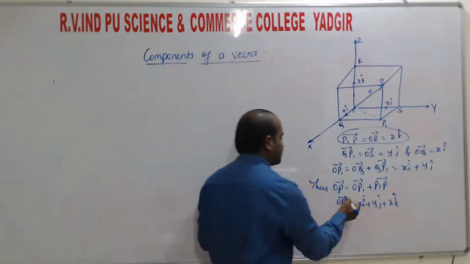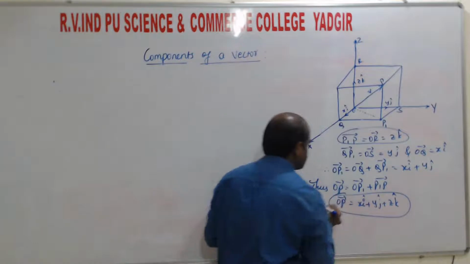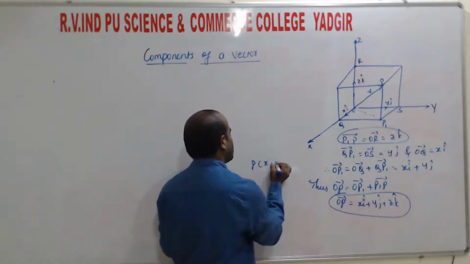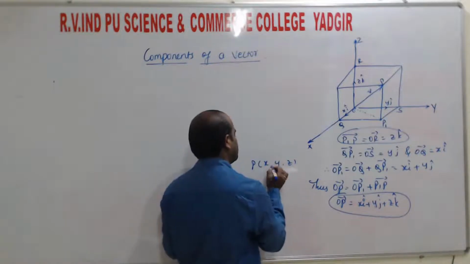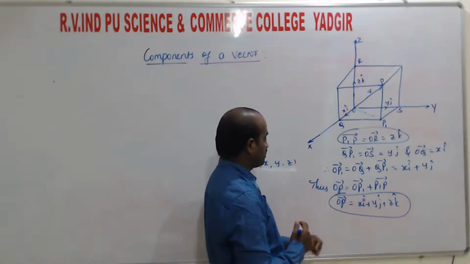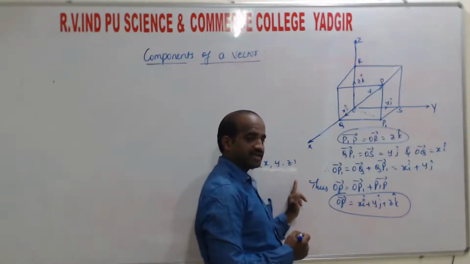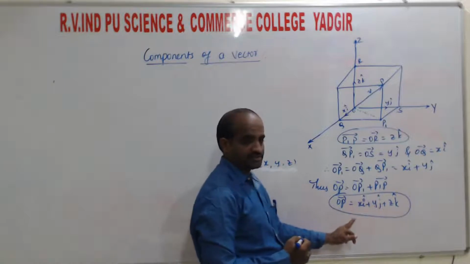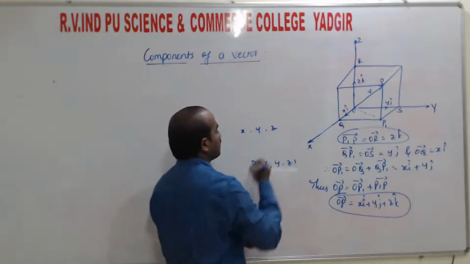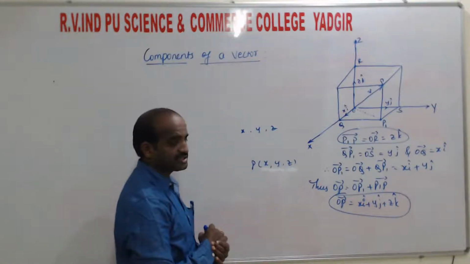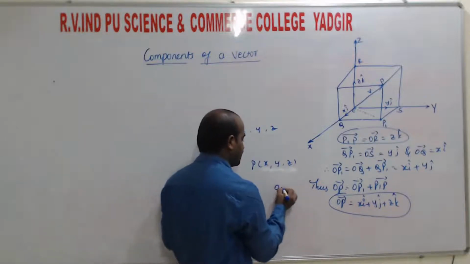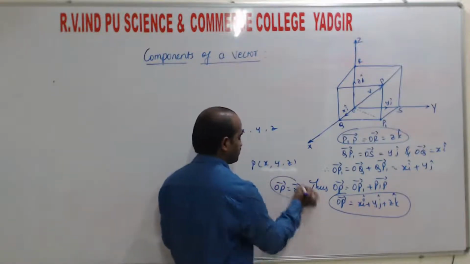The components form of the vector OP, vector R of the point P of x, y, z, where x, y, z are the scalar components of the OP vector.